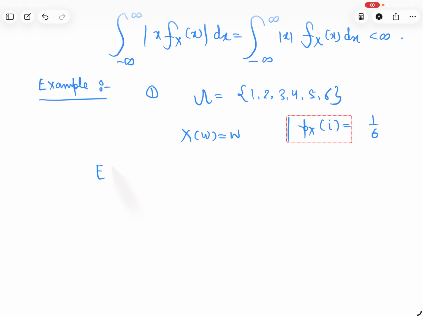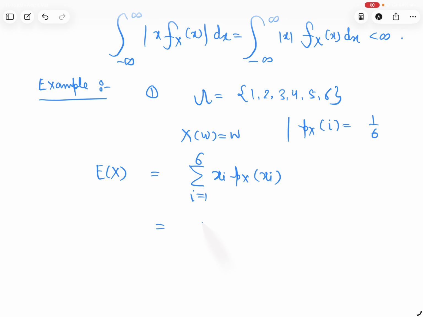Then what is the expectation? Is this a discrete or continuous random variable? Discrete. So which formula will you apply? The first one: summation i goes from 1 to 6 of x_i p(x_i).